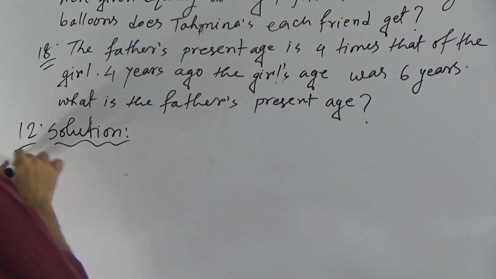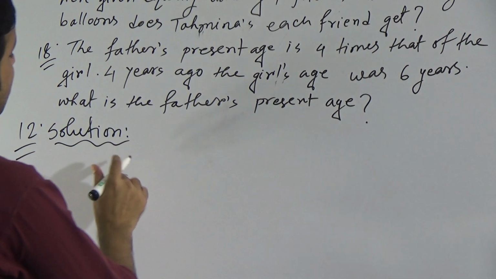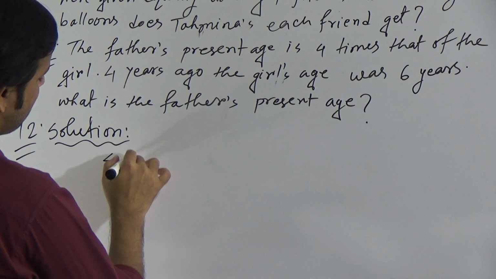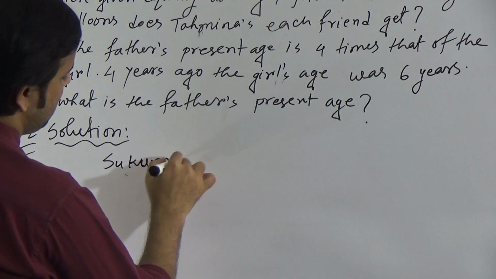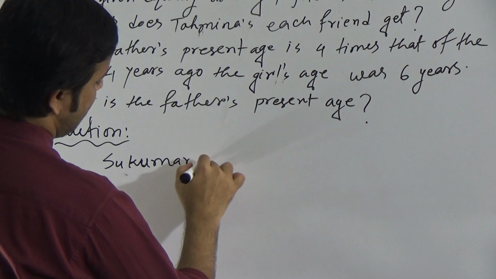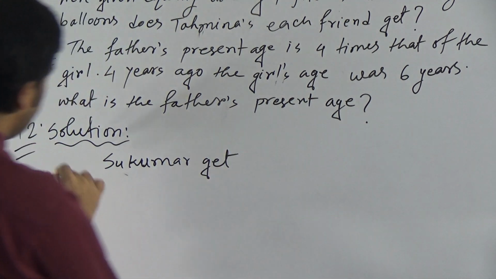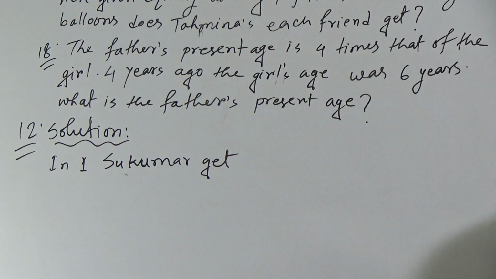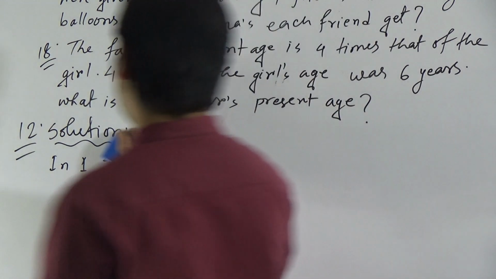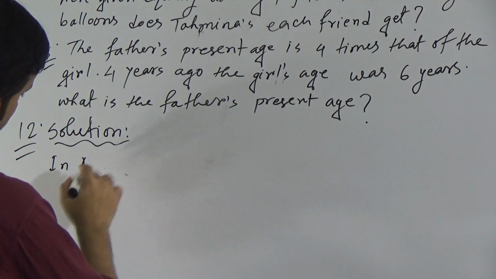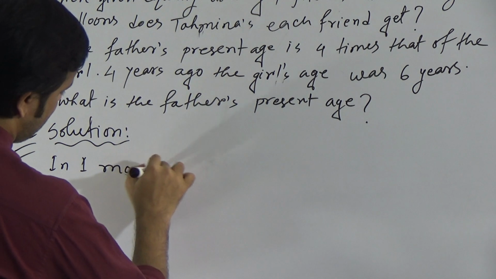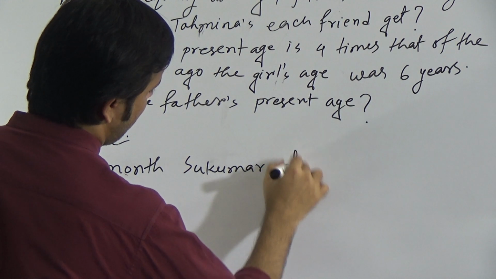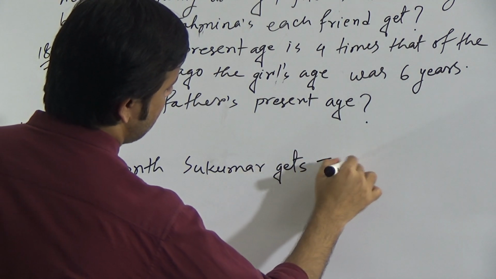Question 12, at first I am solving. So we can write, Shukumar gets in 1 month taka 90.